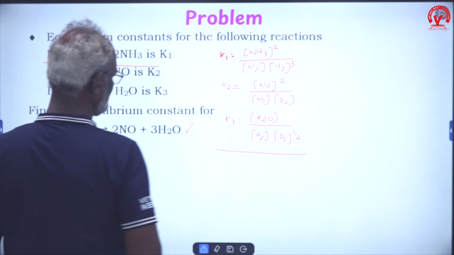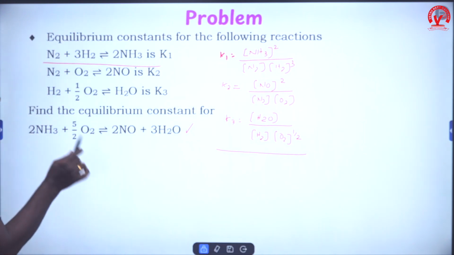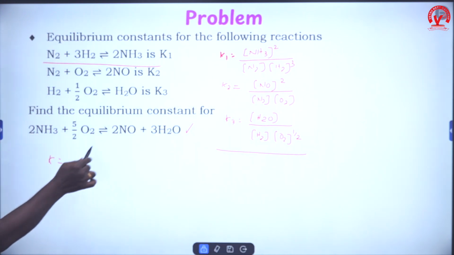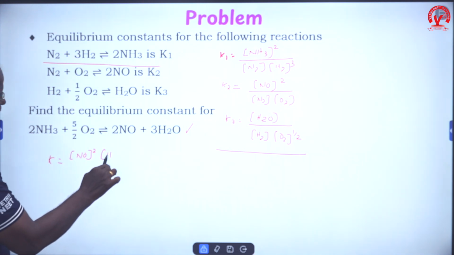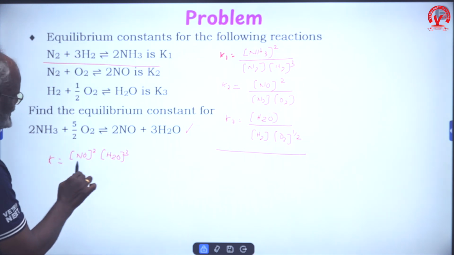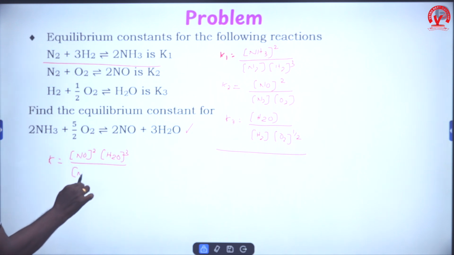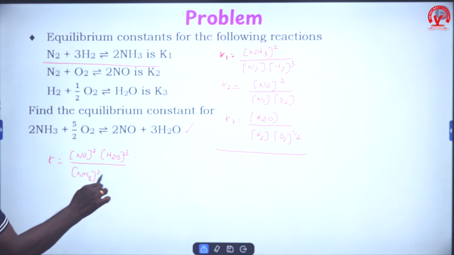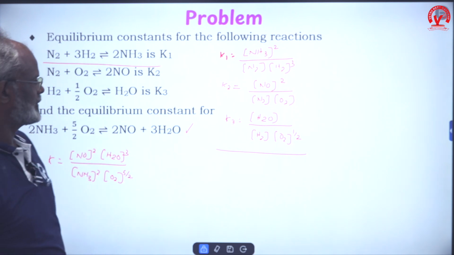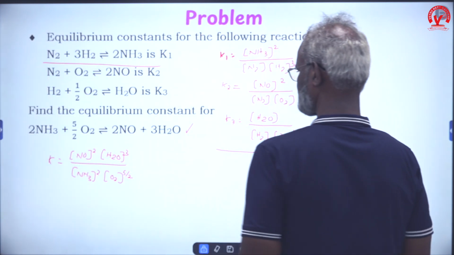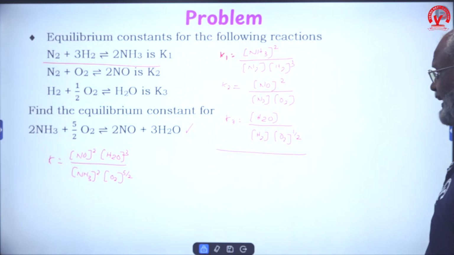So what do we need? These are given, and we need K for this equation: NO squared, H2O cubed, divided by NH3 power 2 and O2 power 5 by 2. So for this we need the equilibrium constant.